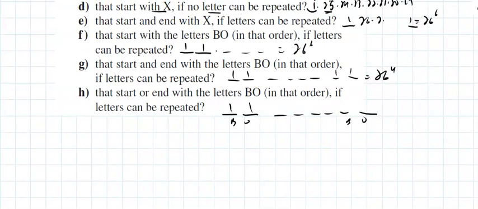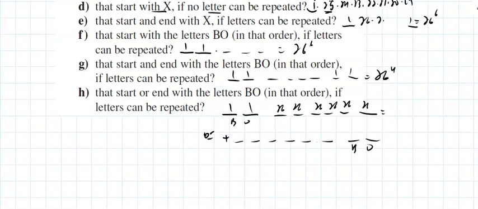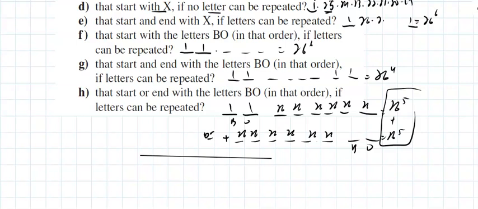So starts or, it's a choice, ends with the letters BO. So this is 26 to the 5th. This is 26 to the 5th. You add those. That's the resulting part for number 30.